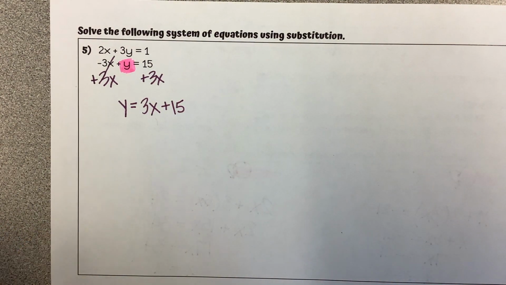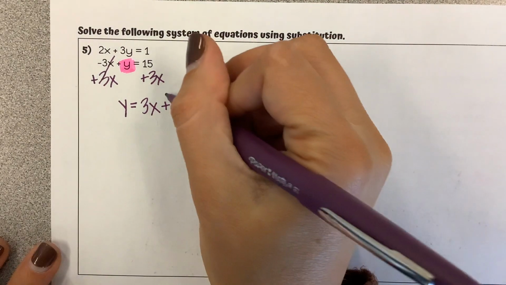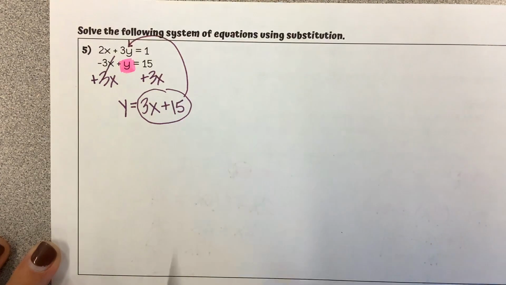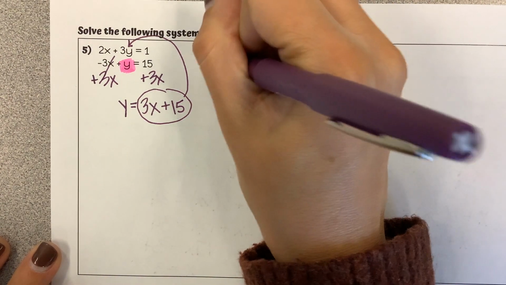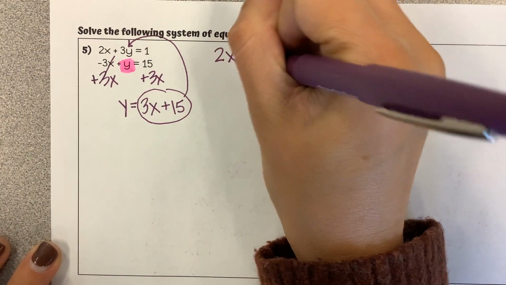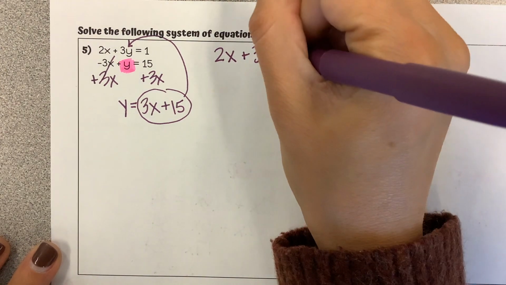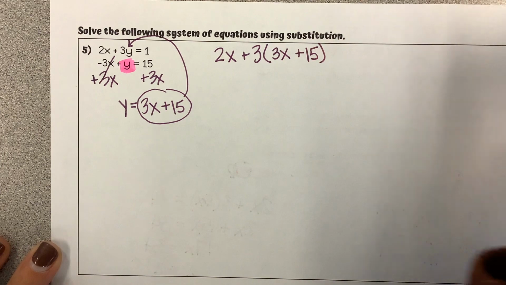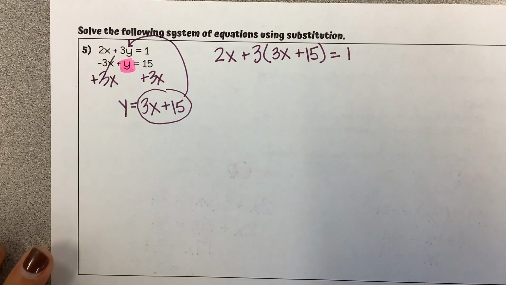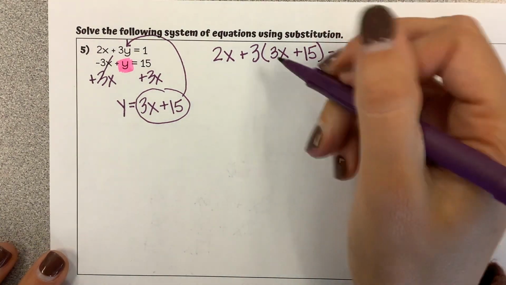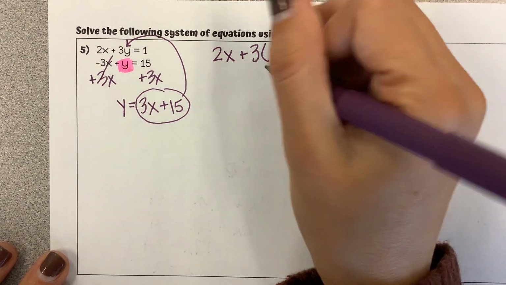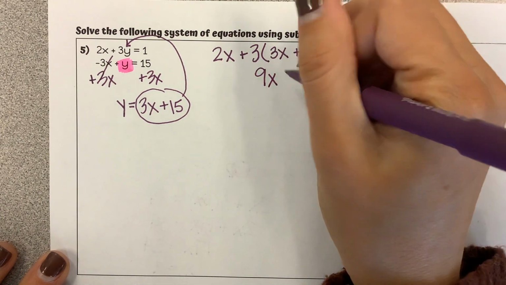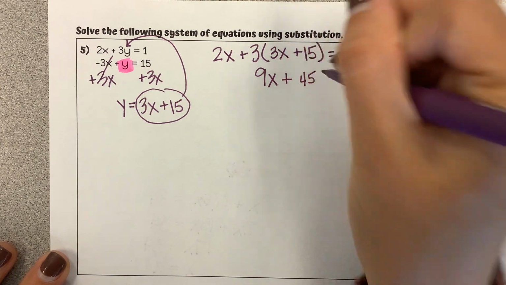So we're going to use this, and we are going to plug in this whole entire y value in where y is. So 2x plus 3 times our y value, which is 3x plus 15, equals 1. We need to distribute. Positive 3 times positive 3 is positive 9x. Positive 3 times positive 15 is positive 45.